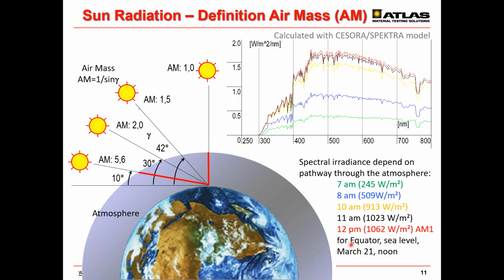Here I did a rough calculation of how the actual spectral irradiance distribution would look at different times of the day. As you see, in red would be the air mass 1 sun we saw on the other picture, and most of the time of the day, the irradiance is much lower.